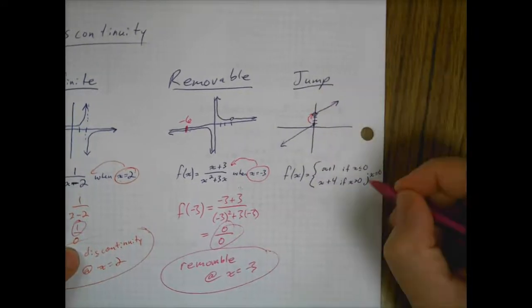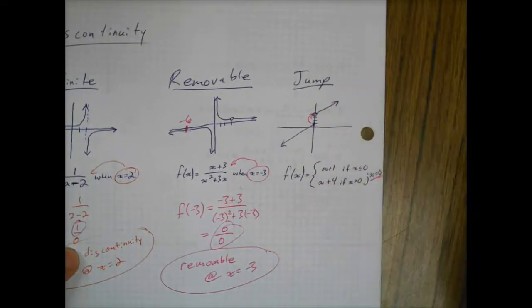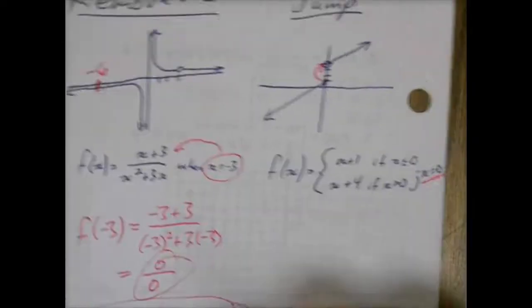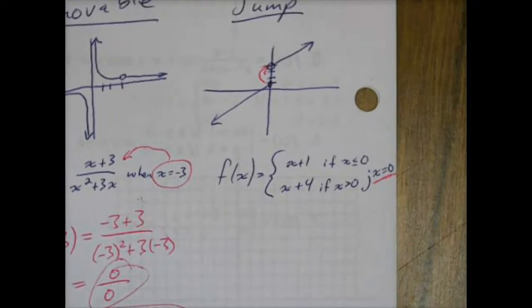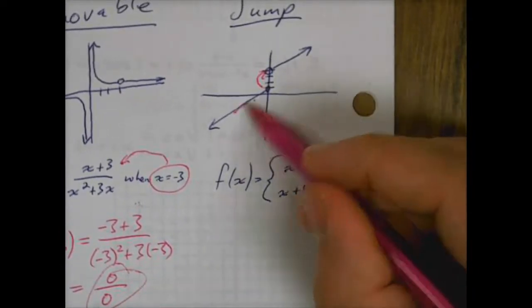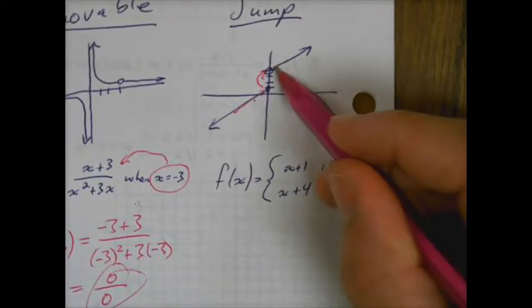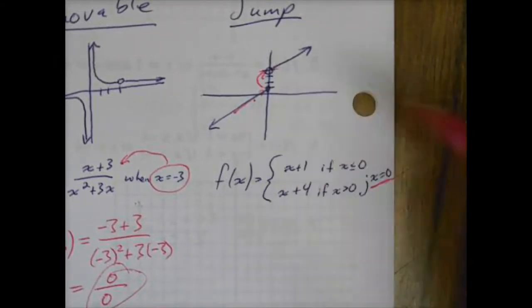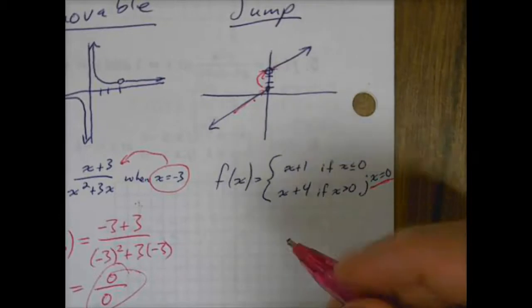The way that we check that, notice this one, it says when x equals 0. Let me zoom in for you guys. All right, so at x equals 0, if these are going to the same y value at that specific spot, then this would actually be continuous. And I'll show you an example in just a second.